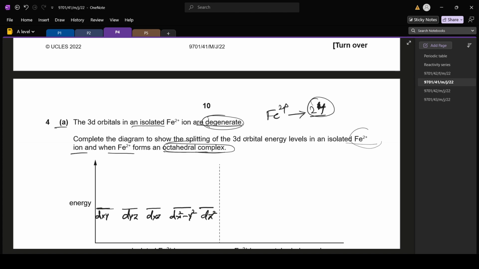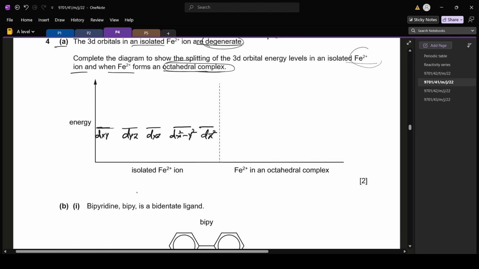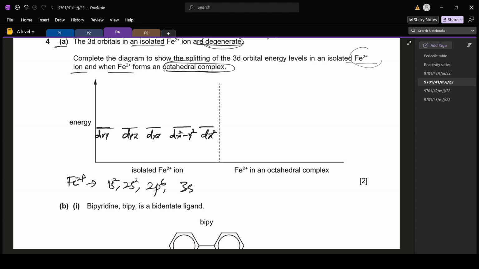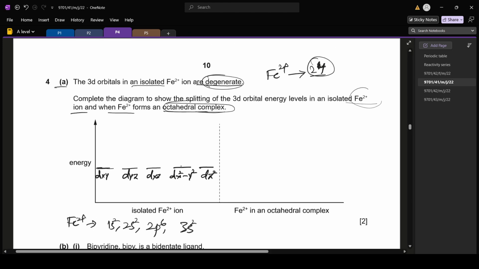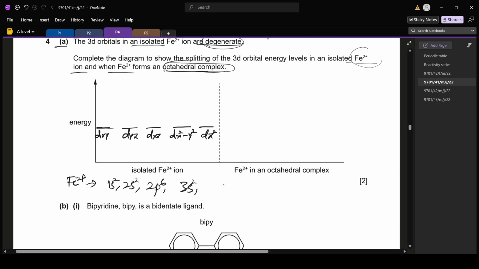If you write the electronic configuration of iron 2+, this is going to be 1s2, 2s2, 2p6, 3s2, 3p6, 4s2. So how many electrons are there? 10 and 10, 20.